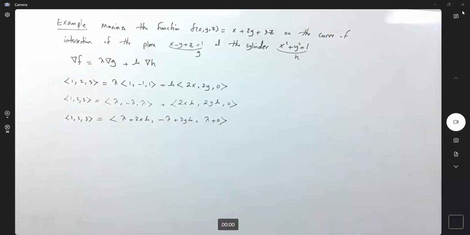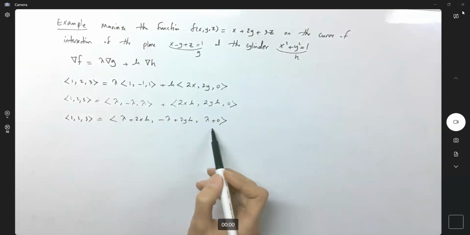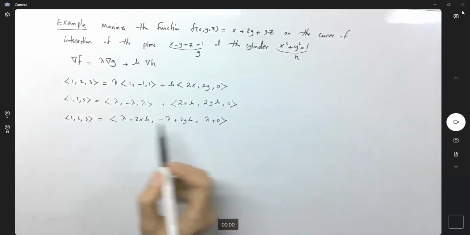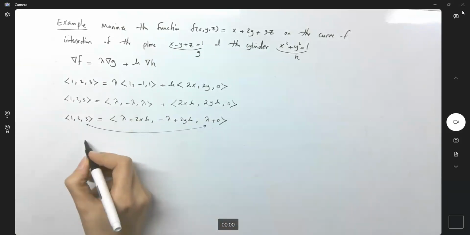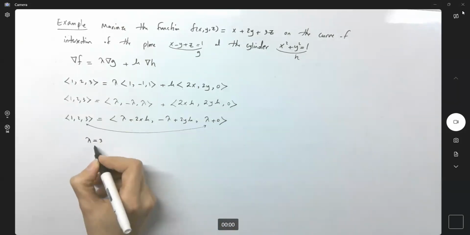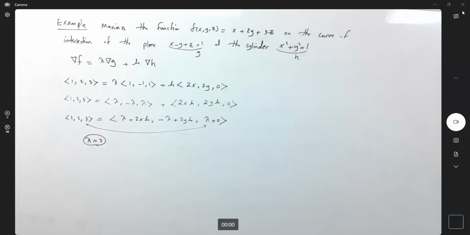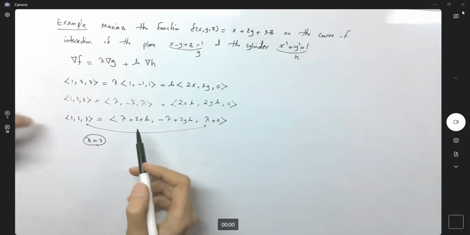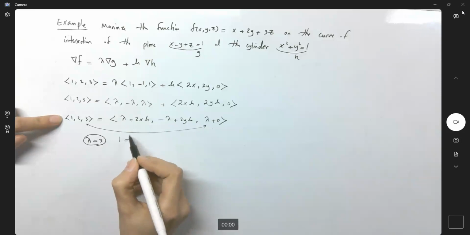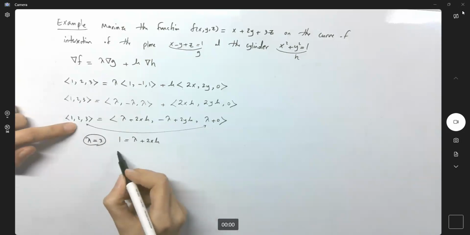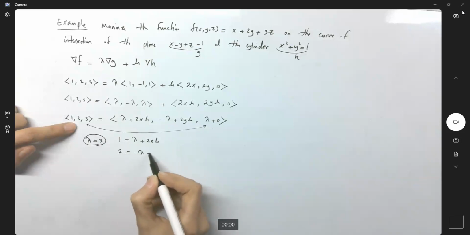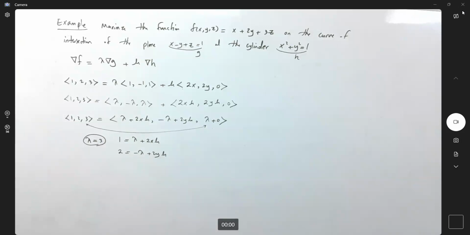All right. So just take a look at this. The last components must be equal to each other. So obviously lambda is equal to 3. So far, so good. What else do we have? We have 1 equals lambda plus 2x mu, and we also have 2 equals negative lambda plus 2y mu.